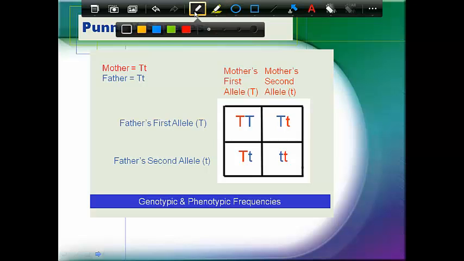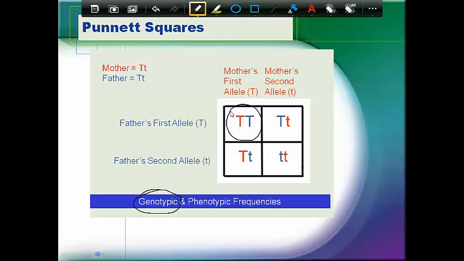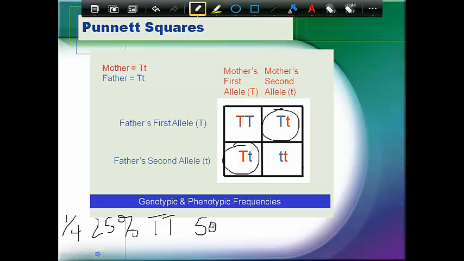So genotypes, remember, are the allele combinations, and we just, again, figure out our percentage, or our chance that that's going to happen. As I said, only one of these boxes has big T, big T. So we have a 1 out of 4, or a 25% chance of big T, big T. We have a 2 out of 4, or a 50% chance of big T, little t.